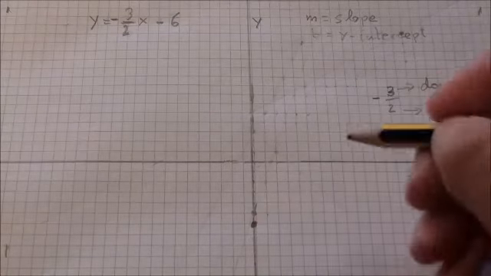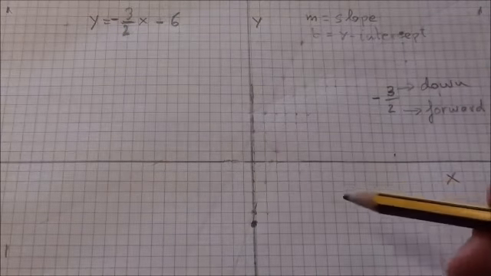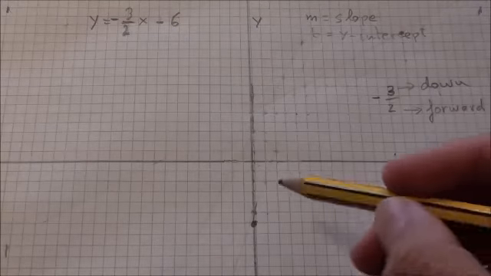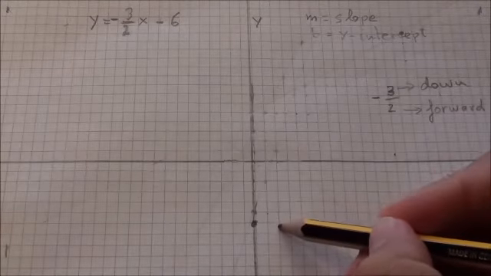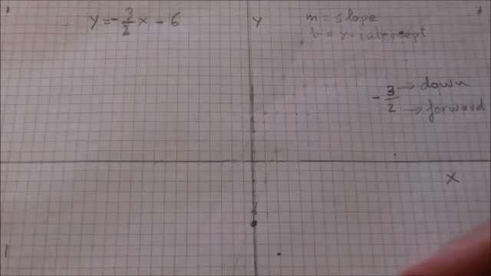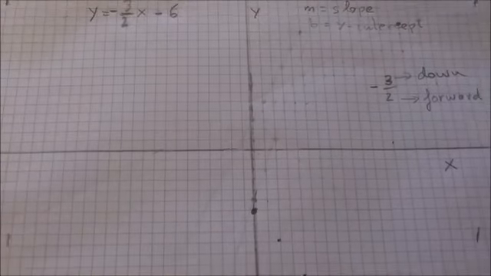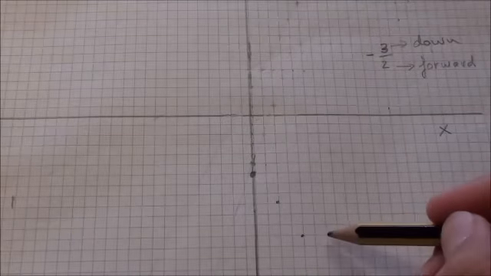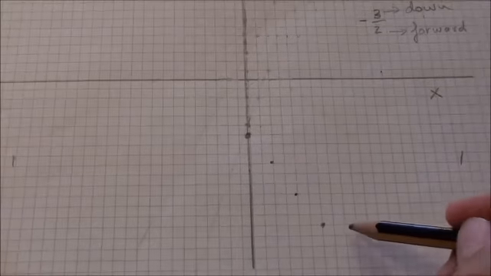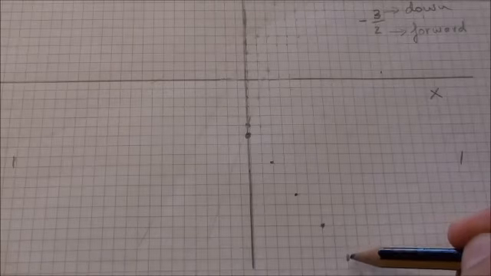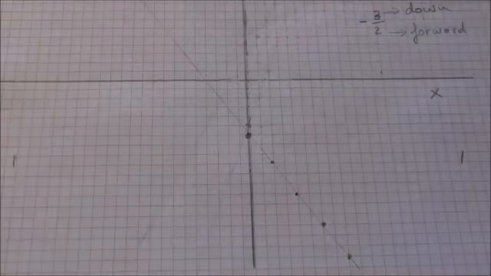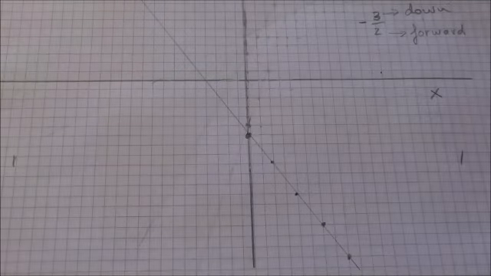We go 2 forward and 3 down, 2 forward and 3 down, 2 forward and 3 down. Let's connect the dots, and here's the line.